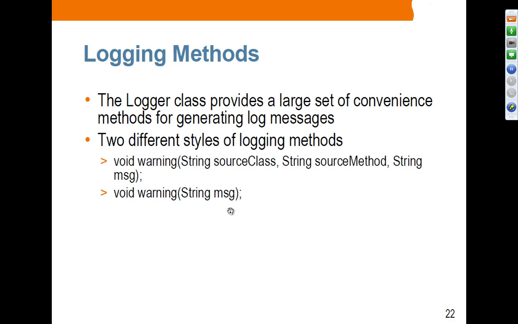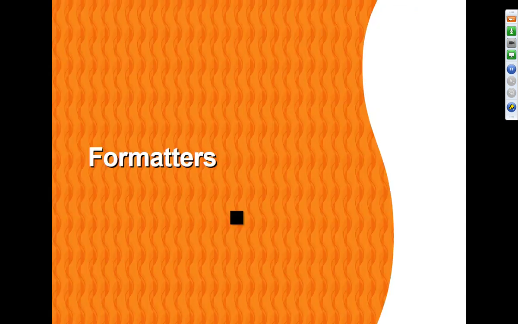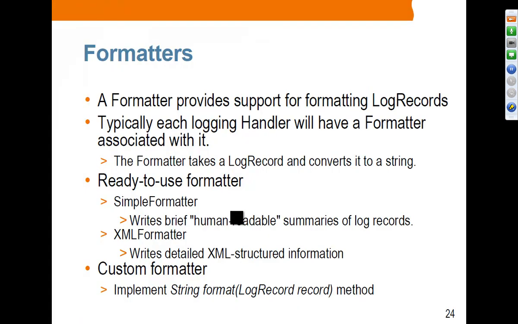Now next is the formatter. The formatter is configured with the handler, right? The formatter provides support for formatting log records, so each log handler will have a formatter associated with it.